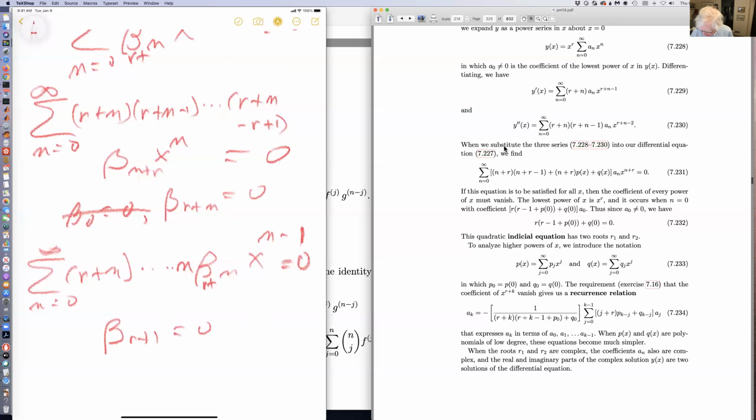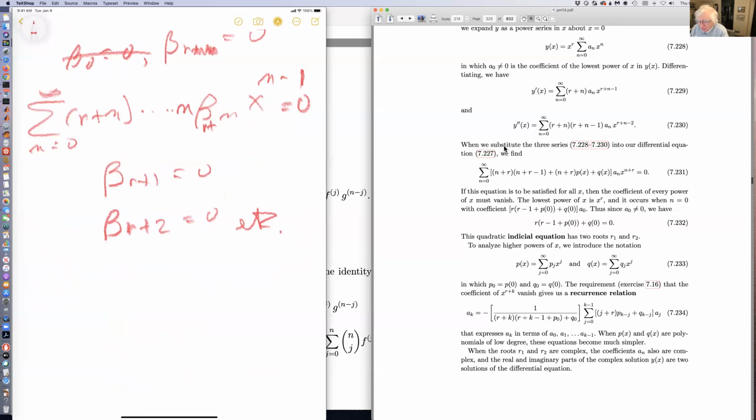Right, beta of r equals 0, sorry. Anyway, then you differentiate again and you get beta of r plus 2 equals 0, etc. Okay, it's obvious if you look at it the right way, but obviously I can screw it up given enough time.